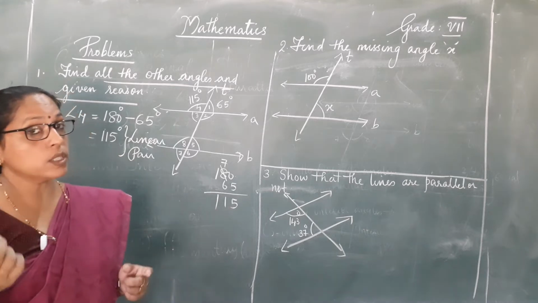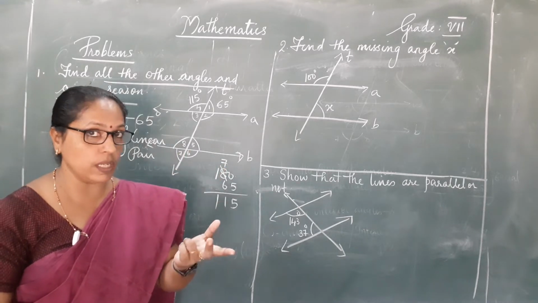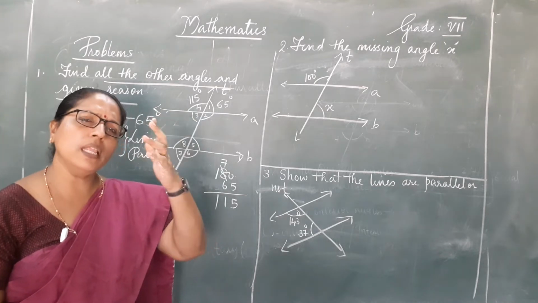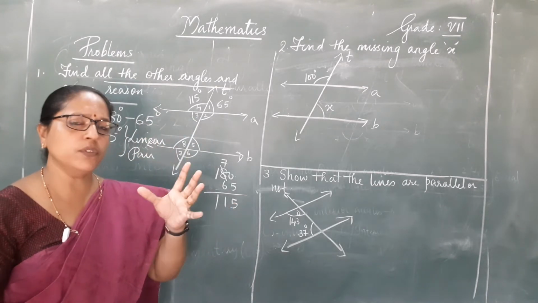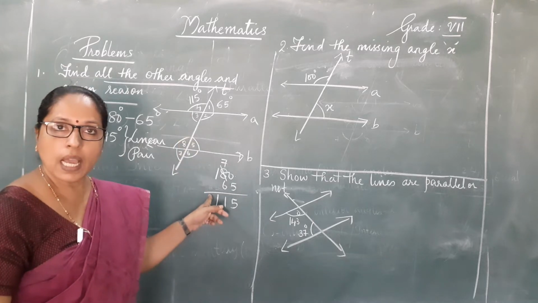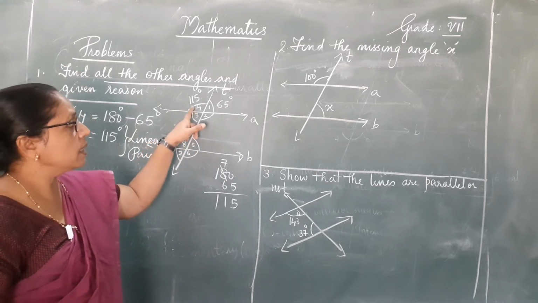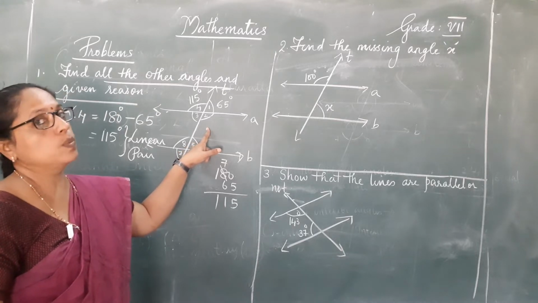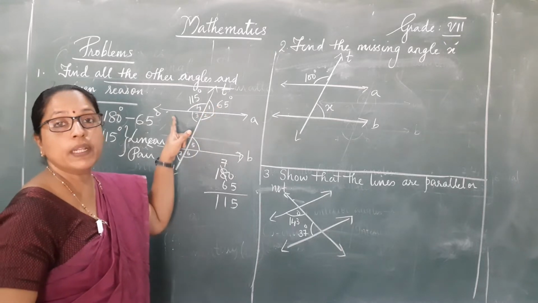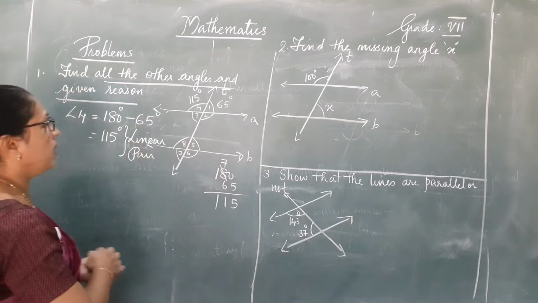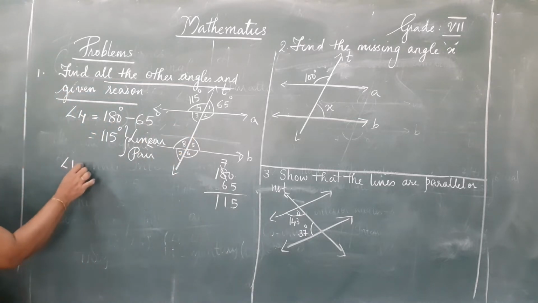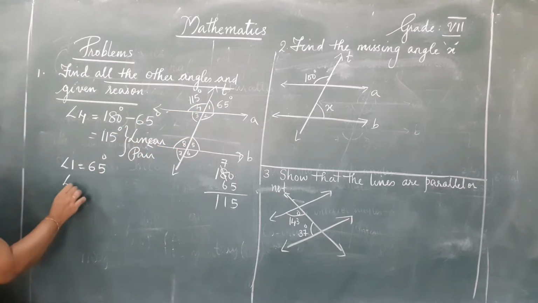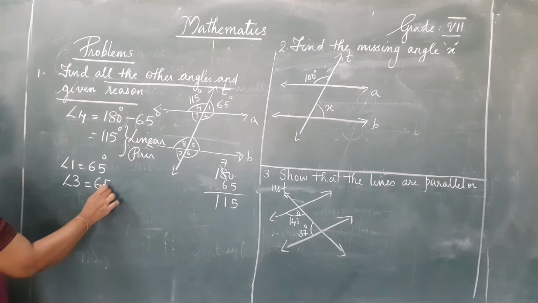Now you have learned so many angle properties: vertically opposite, corresponding, alternate, interior. Use any one of those properties to find the rest of the angles. See, angle 4 you got, so immediately you can find angle 2 by using which property? Yes, vertically opposite. Angle 1 equals 65 degrees, so angle 3 is also 65 degrees.